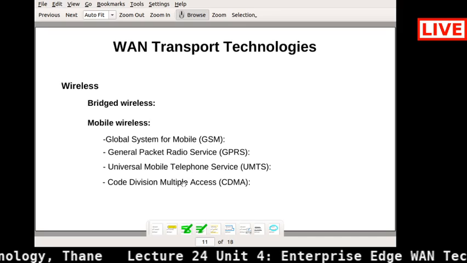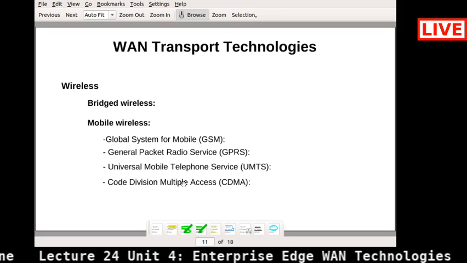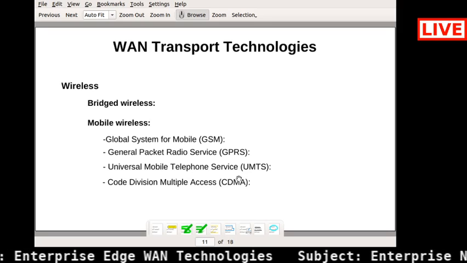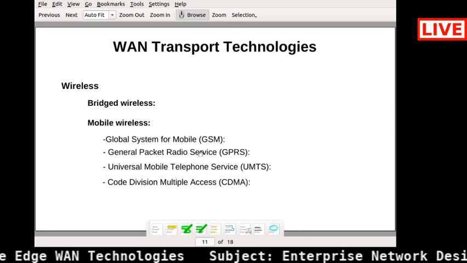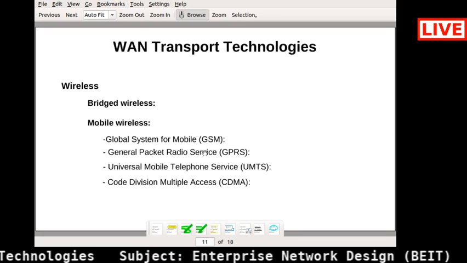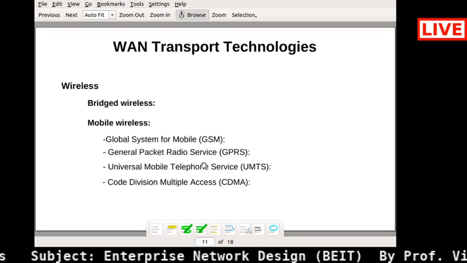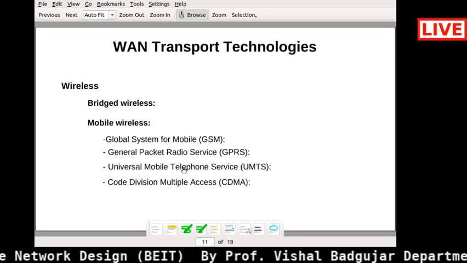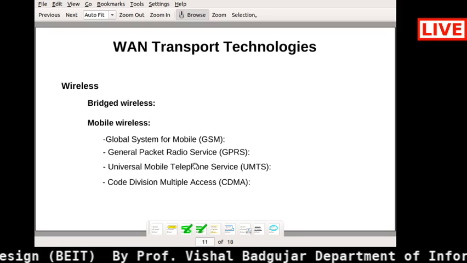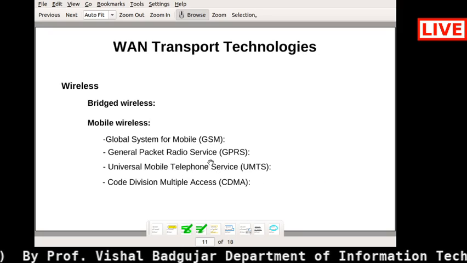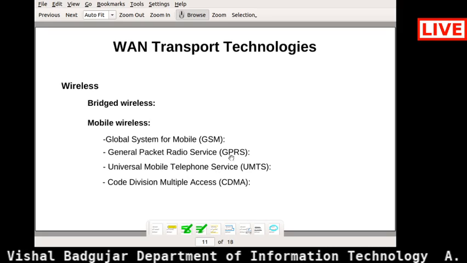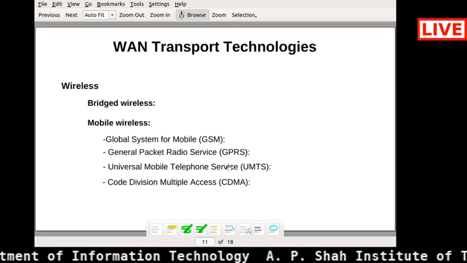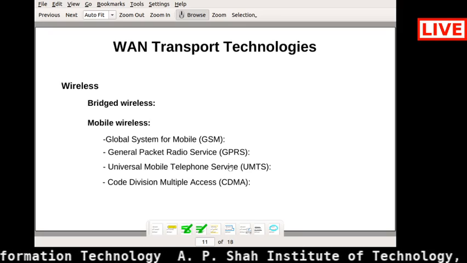We can call it third generation, or 3G broadband. It is packet based transmission, so whatever text, voice, video, or multimedia you need to transmit goes within packet based transmission, with data rates up to 2 mbps. This UMTS offers a consistent set of services to your mobile phone users or mobile computer users, not depending upon location. Whatever location you have in the world, we can use it as a 3G broadband service on the basis of packet based transmission.